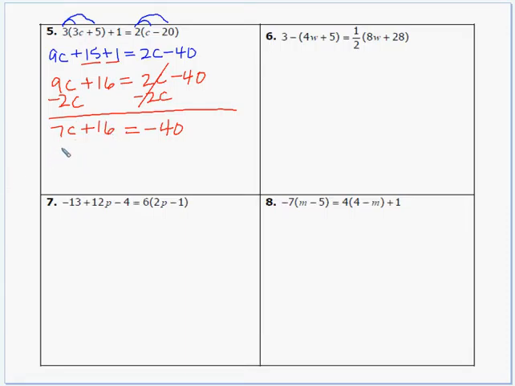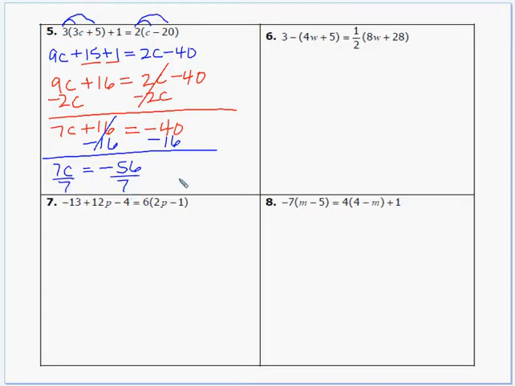I still need to go about solving for c, so I'm trying to get it all by itself. For that to happen, I need to move 16 away, and in order to move it, I have to subtract. So it's going to cancel out and leave me with just 7c, and this is going to equal, when I combine negative 40 and negative 16, we get negative 56. The last step that we have here is to divide.